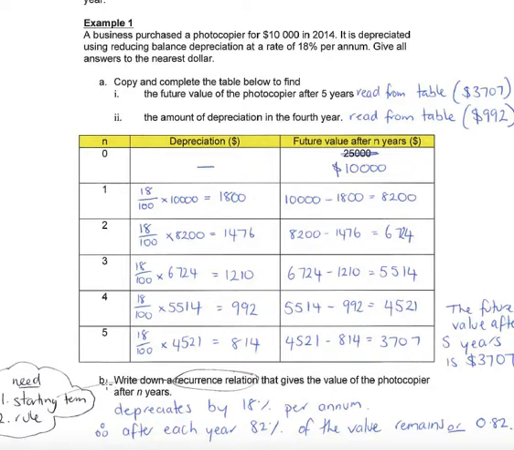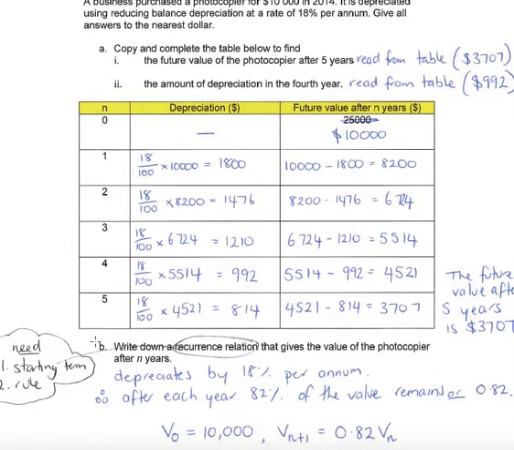The second part of the question asks to write down a recurrence relation that gives the value of the photocopier. It depreciates by 18%, so after each year 82% of the value remains.